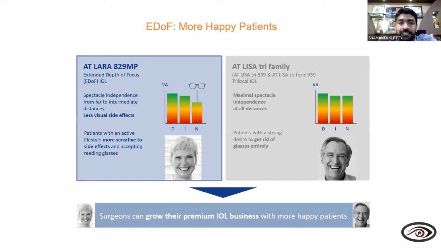This slide clearly explains that it is not no visual side effects, it is fewer visual side effects. Have we been able to completely take care of glare and halos? No. We have been able to largely reduce them, but not completely take care of them. Have we been able to make patients completely independent of glasses?